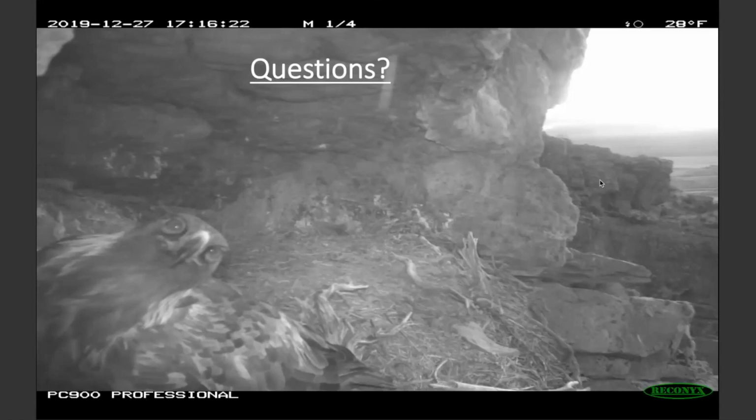And how much blood you collect from each bird. We are limited to less than 1% of their body mass, and we generally take way less than that. When we're doing 3 to 4 week old chicks, we're really just shooting for maybe 1 cc of blood, maybe 2 depending on the weight. If it's a really healthy nestling above 2 kilos or so, we'll maybe take 2 cc's. But again, it's a very small amount.